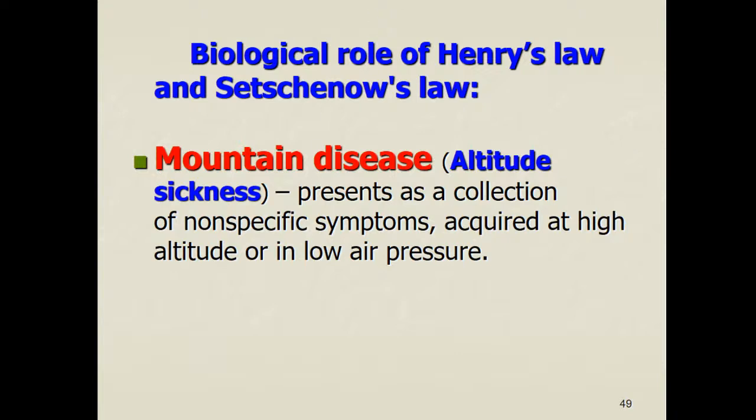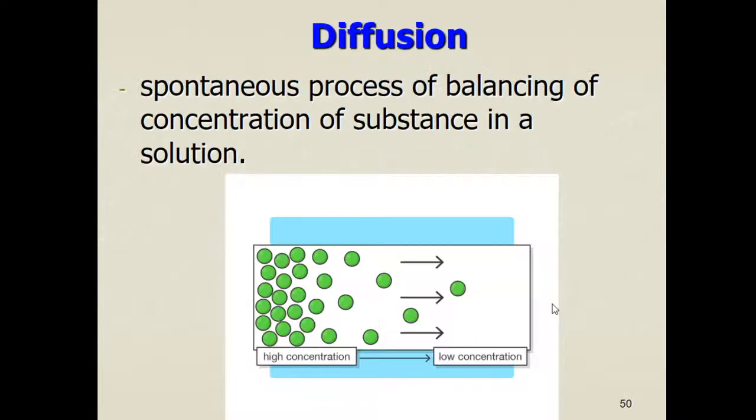So what then do we need to know? Before we discuss the very important, from a medical and biochemical point of view, properties of solutions known as colligative properties, I want to remind you of one property important for all of us, for everyday life, for processes in our body, known as diffusion.